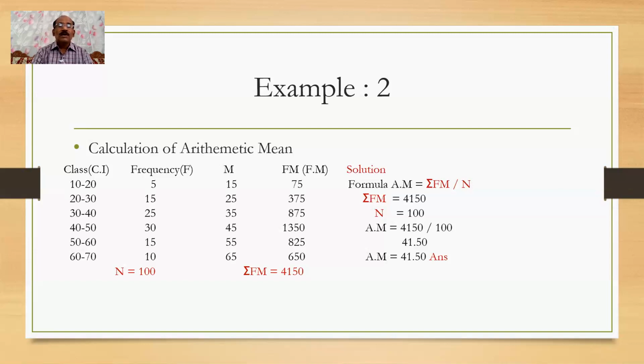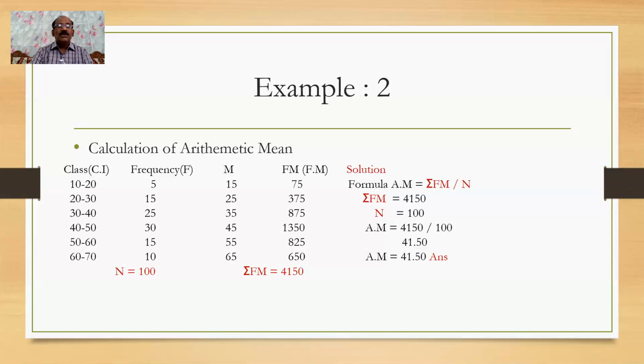So the product of F and m is 75. That means 5 into 15 is equal to 75. In second row, 15 into 25, this gives 375. In third row, 25 into 35 is equal to 875.